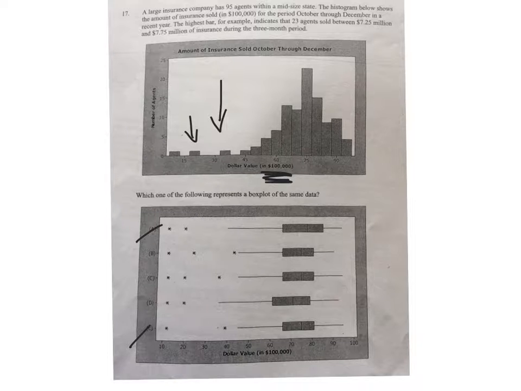And then on B, this outlier is not even lined up with the graph there. So C or D, and that's a question of whether you considered this an outlier or not, basically.